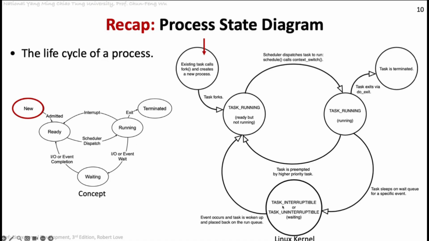If you take a look at this circle, there are two possible states: one is interruptible and the other is uninterruptible. It just depends, but in most cases it will be set to interruptible. It means after the I/O completion, the state will be switched back to TASK_RUNNING.